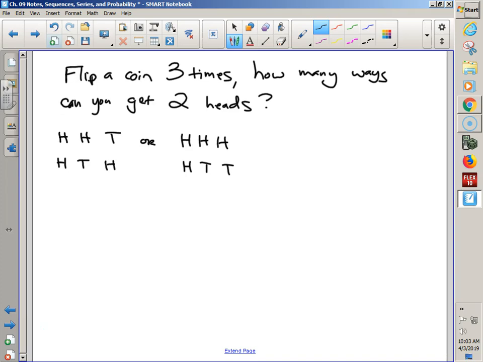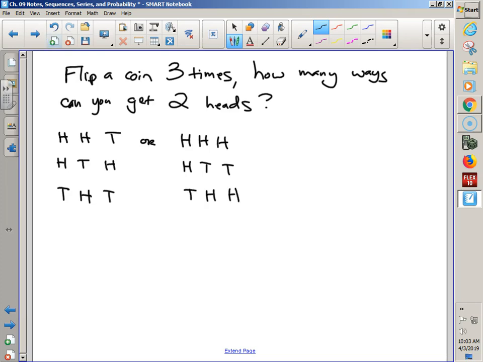No, that's already up. The middle one is where we start with the tails. So we could start with the tails. And let's say we get a heads next, like we did here, right? What would happen if we got a tails and a heads? We could either get a tails or we could get a heads.